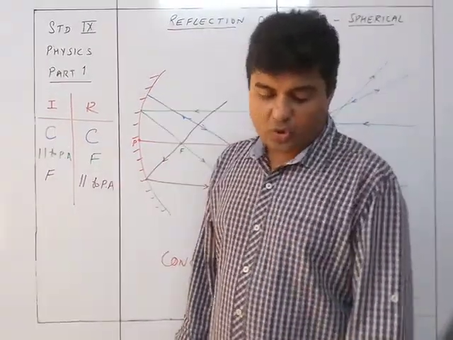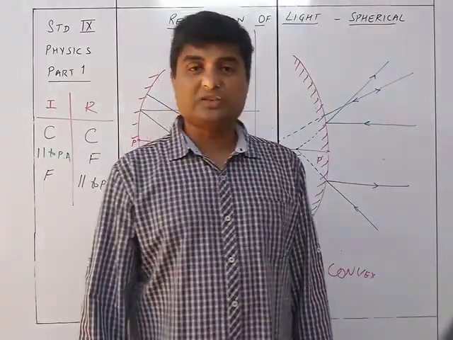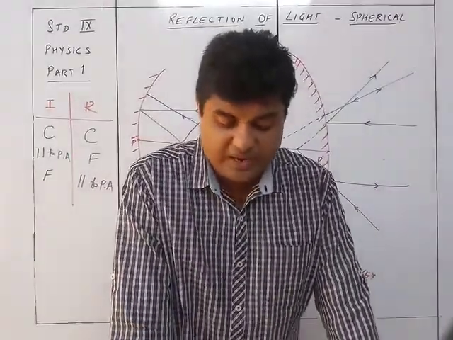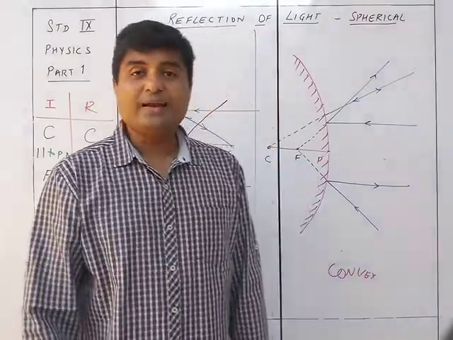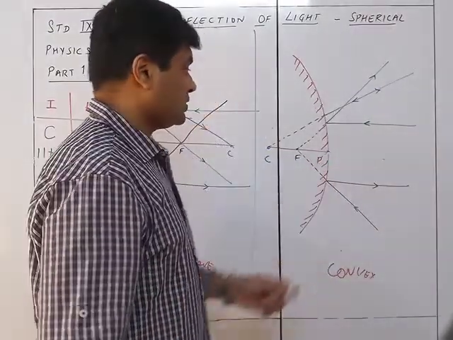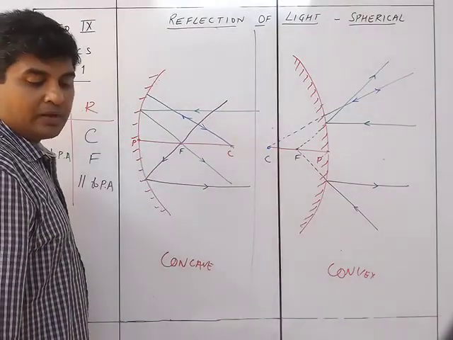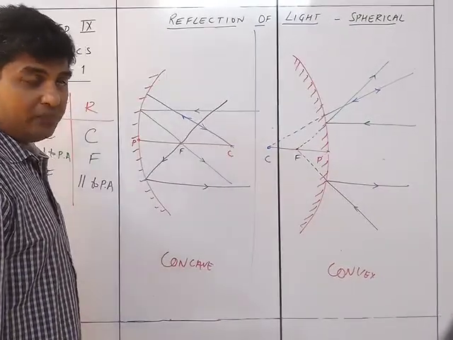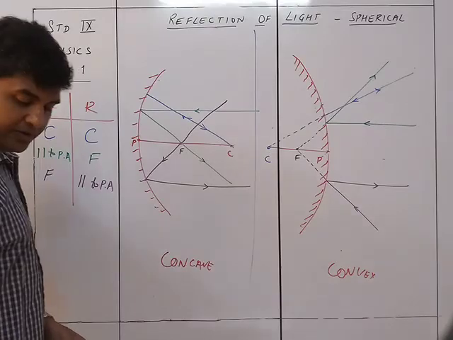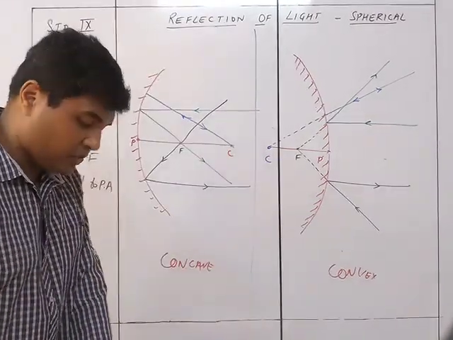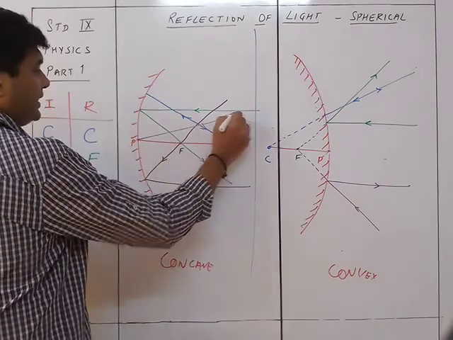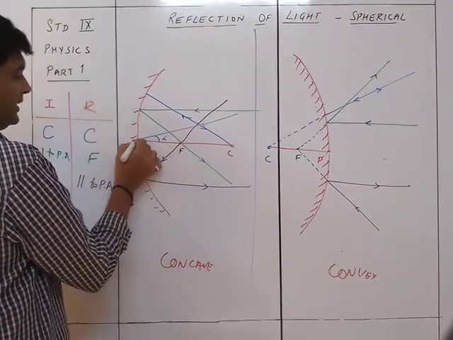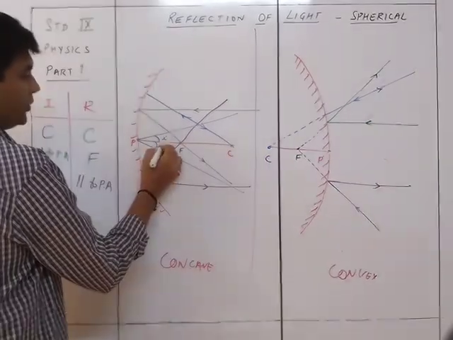In case it is passing through P, that is, the pole, then of course, because the pole is also normal, the angle of incidence will be equal to the angle of reflection. So in such a case, if this is the angle formed over here, an equal angle will be formed over here.